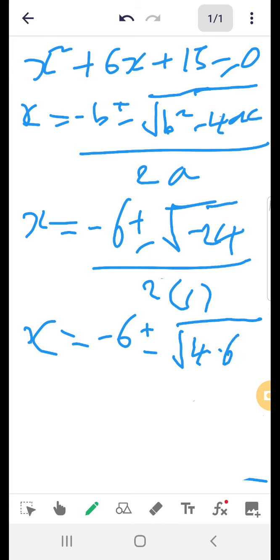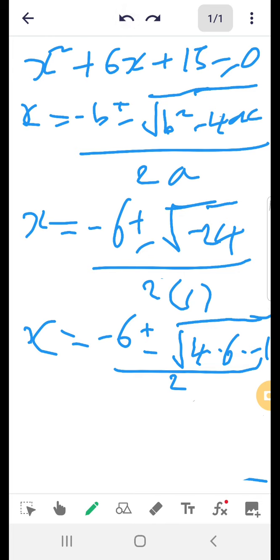The fact that it's a negative, these factors are supposed to be multiplied by negative 1 for it to give us negative 24, over 2. 2 times 1 is basically 2.